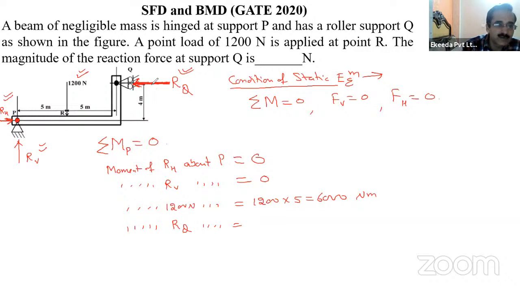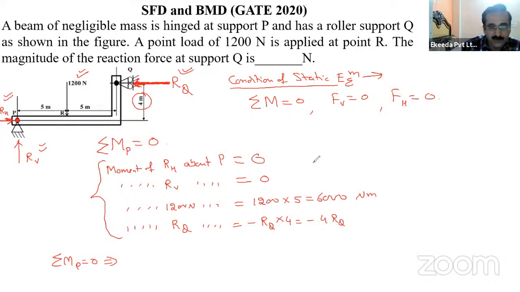You can see here RQ is making an anti-clockwise moment. So you can take minus RQ multiplied by the vertical distance, which is 4 meters. So this is minus 4 RQ Newton meter. The sum of the moments at P point is 0, MP is 0.